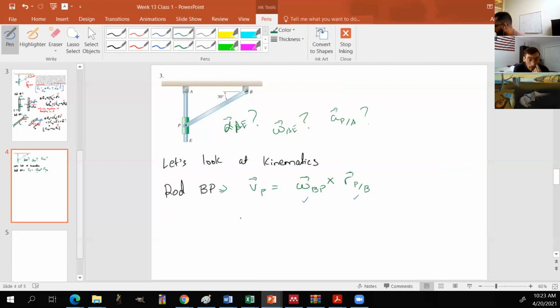Similarly, for the acceleration, because it's at a constant angular velocity, the acceleration of P relative to B is 0. Acceleration of B is 0. Coriolis acceleration is 0, because the length of P relative to B does not change.